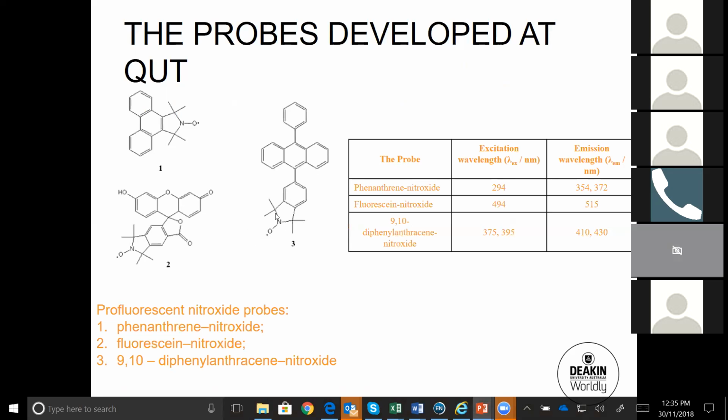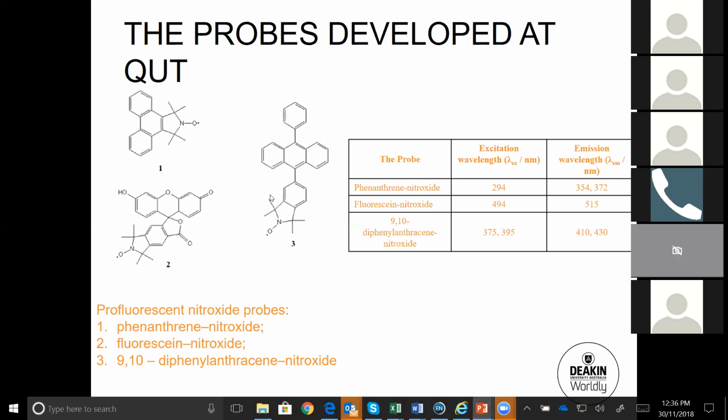This nitroxide part here is actually quenching free radicals, and the molecule itself is non-fluorescent. Once this nitroxide part quenches a free radical, it becomes fluorescent. The part that gives fluorescence to this molecule is the fluorophore, this anthracene-based fluorophore, or this phenanthrene-based one here.